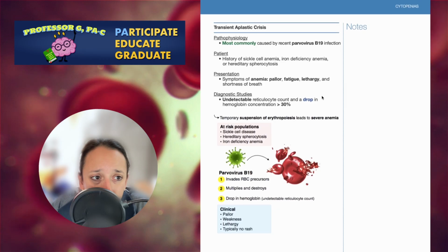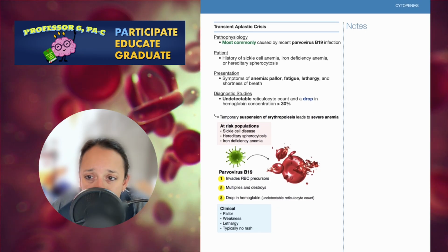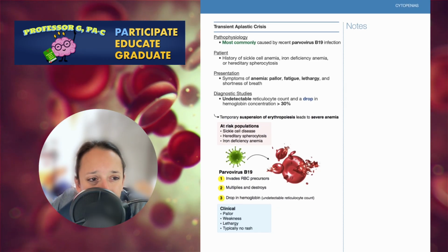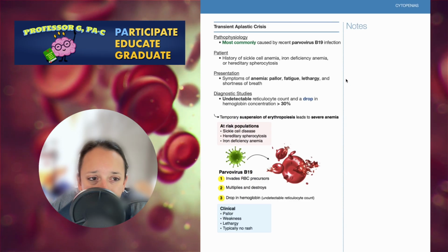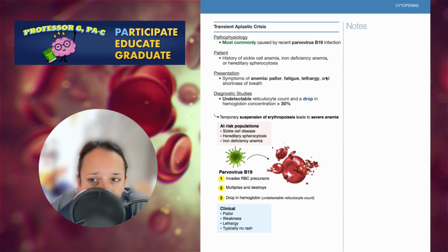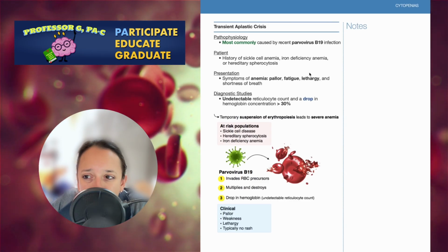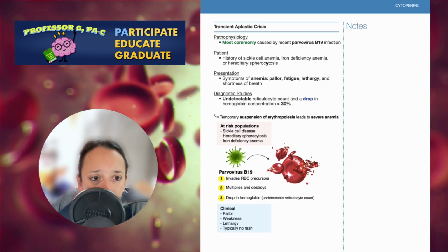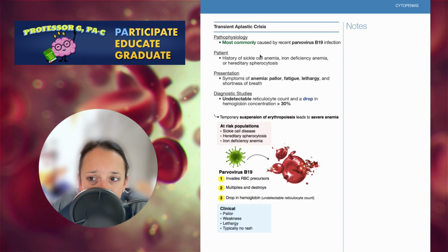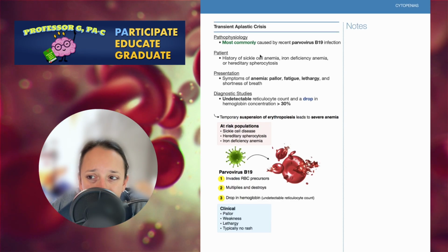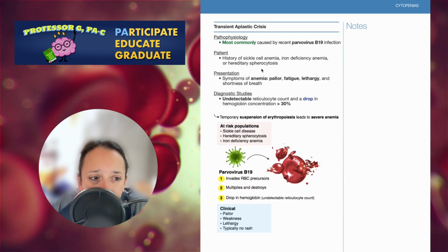All right, let's look at transient aplastic crisis. So this is a temporary condition in which those red blood cell production lines suddenly stop. And usually in someone that has some sort of chronic hemolytic disorder like sickle cell anemia, iron deficiency anemia, hereditary spherocytosis, something like that.